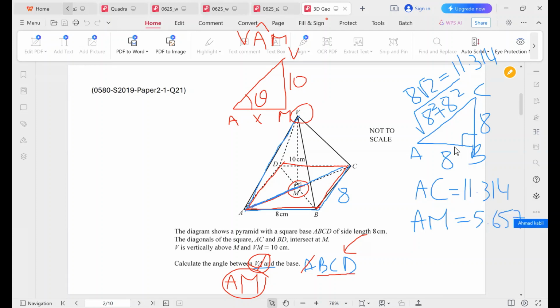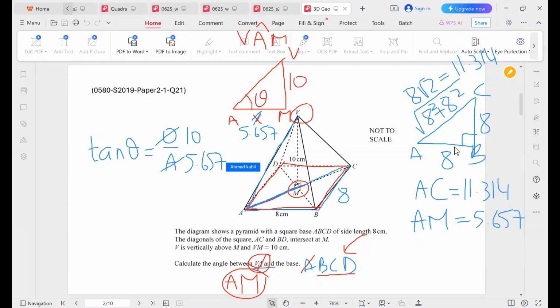Now that we have AM, we can easily get the angle. So instead of X here, I'm going to write 5.657. My final step is just to find theta. Tan theta equals opposite over adjacent. The opposite here is 10, and the adjacent is 5.657.